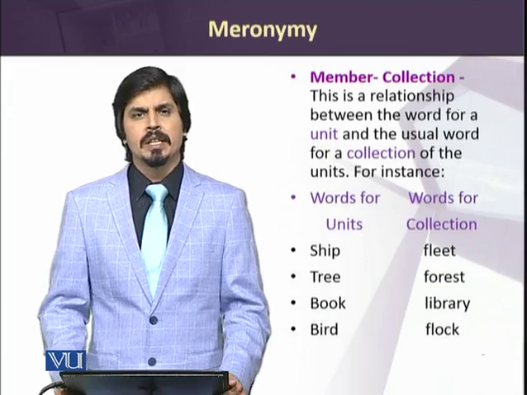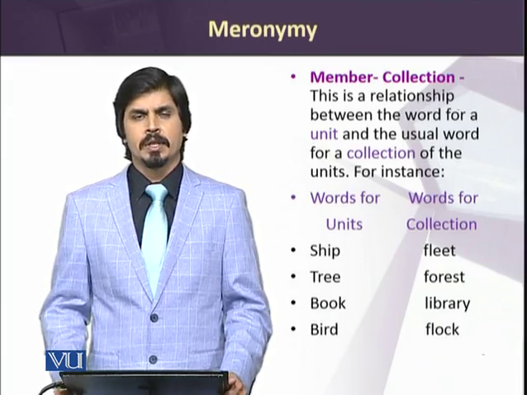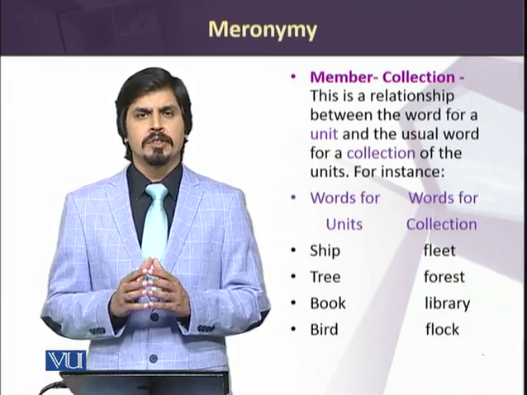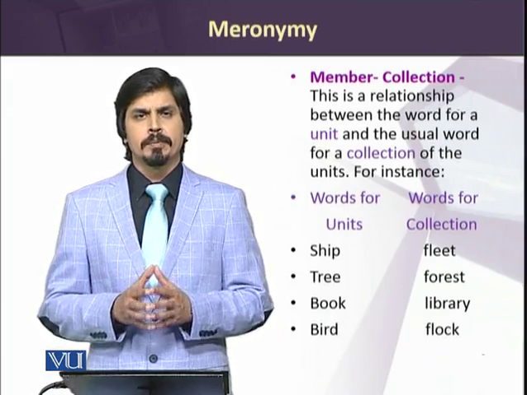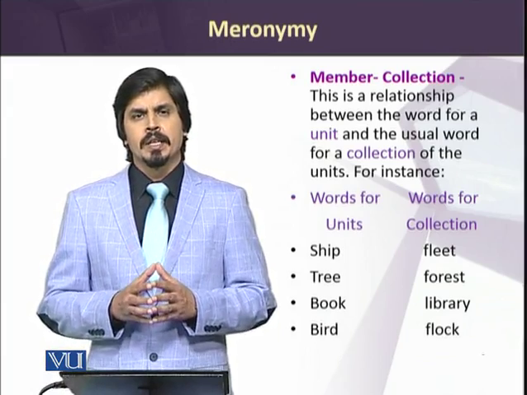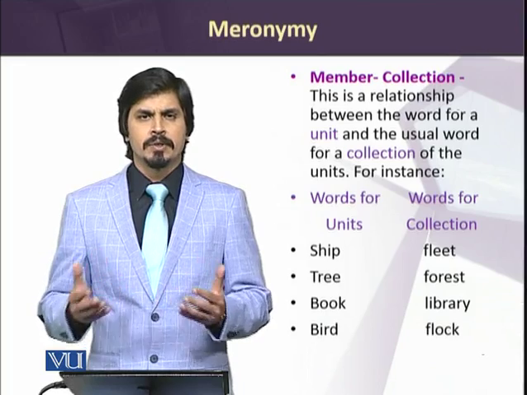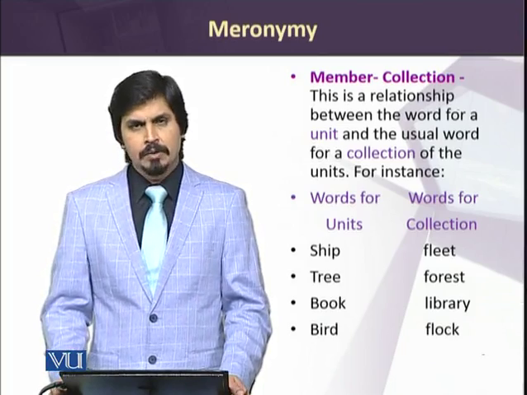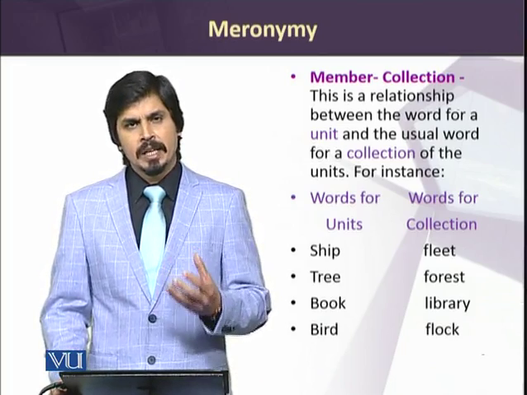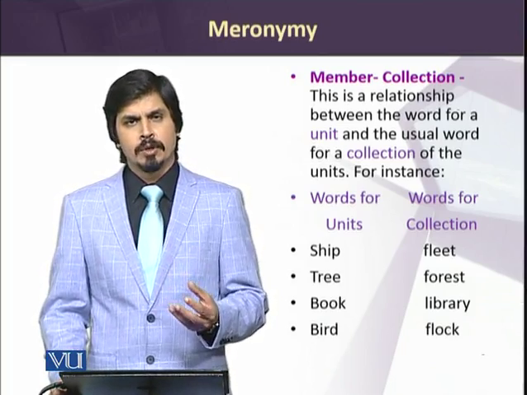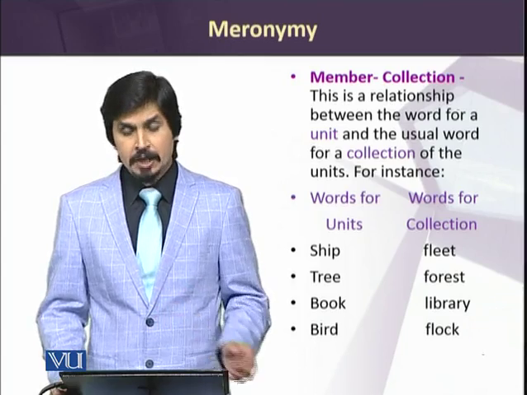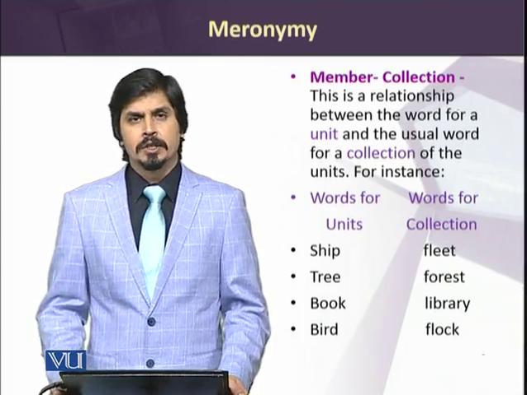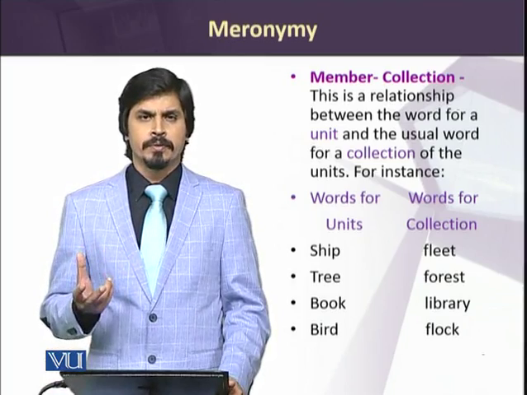There are some other relative thoughts which are very close to part and whole relationship. For example, the relationship of member and collection. There are certain nouns who have some collective nouns also. For example, we have a unit and a collection of that unit in terms of a ship and fleet. Ship is maybe seen as a unit of a fleet.